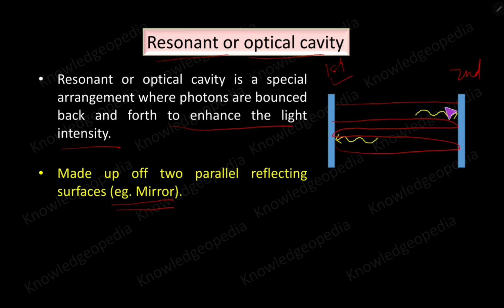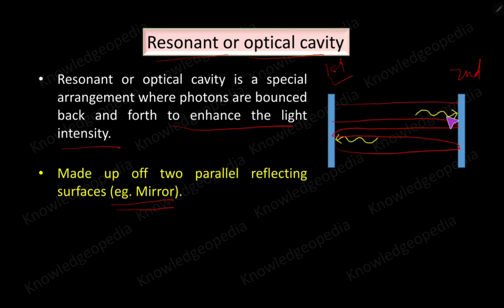While it is moving to and fro within these two surfaces, during its motion, it will hit some other electrons in the excited states, and that will initiate stimulated emissions. And because of that, we are getting high intensity light in a laser.